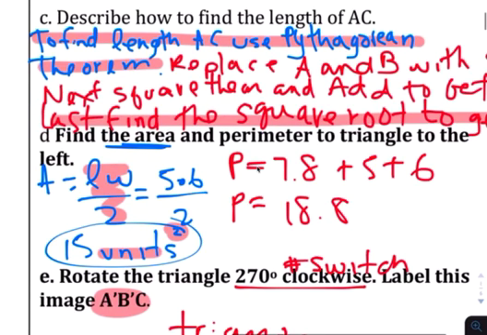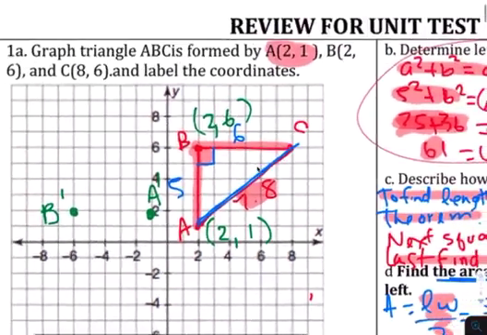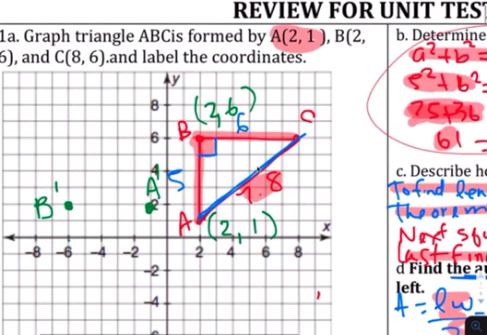Now, 270 degrees clockwise, what you do is the numbers switch. So here, as you notice, we get 2, 1. 1, 2 is A right there, A prime. B is 2, 6, so switch that to 6, 2, you get B prime.